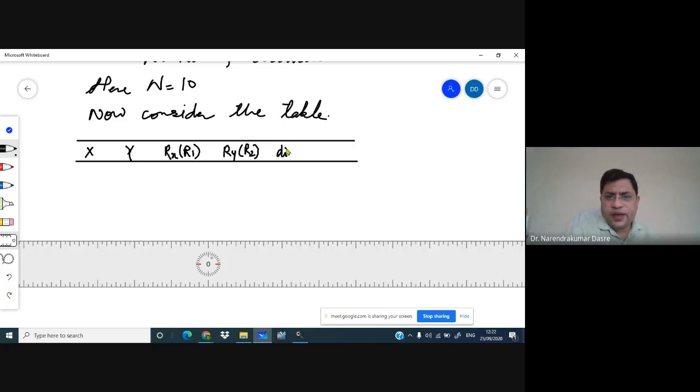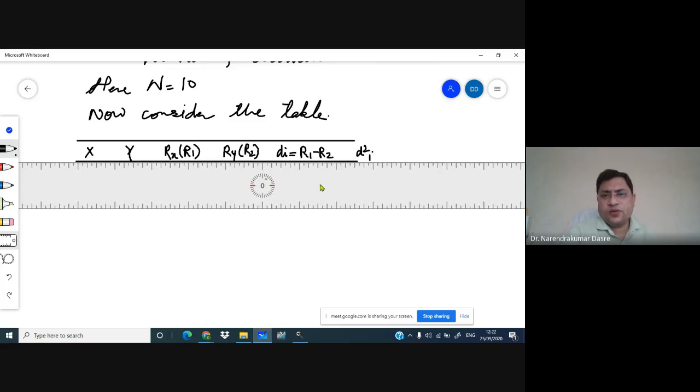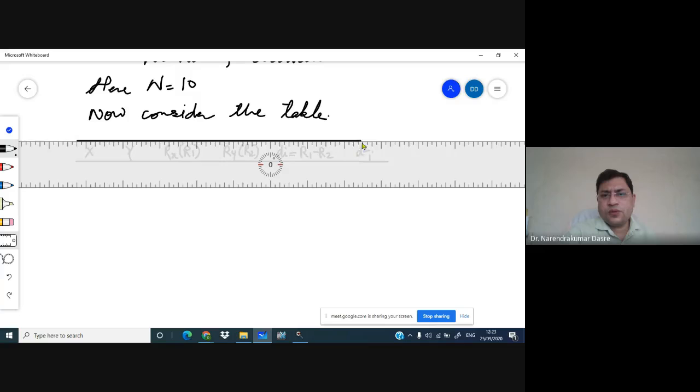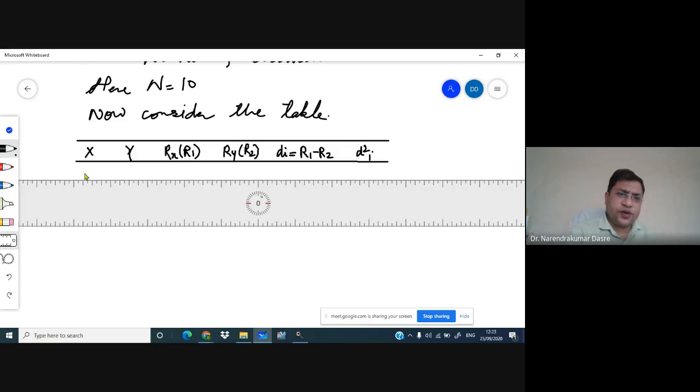And we have di, the difference between RX and RY, so it is R1 minus R2. And then we want the square of this di.